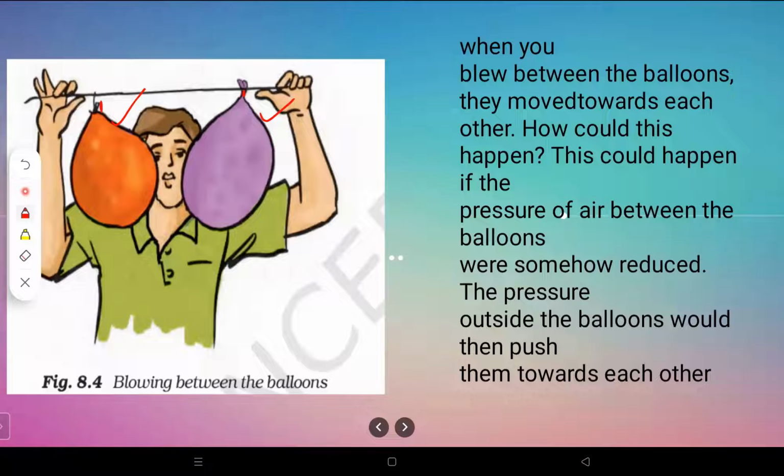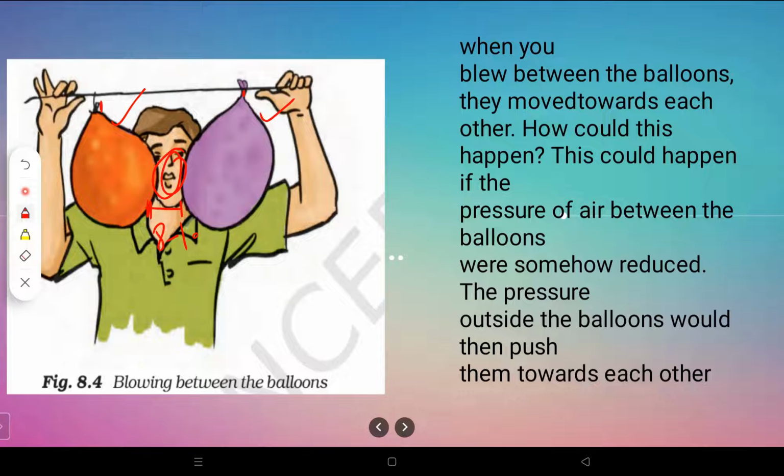Okay. Hang the balloons 8 to 10 centimeter apart. Okay. Now blow in the space between the balloons. What did you expect? What happens?